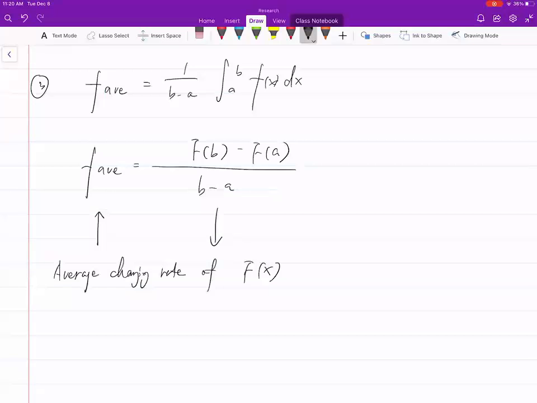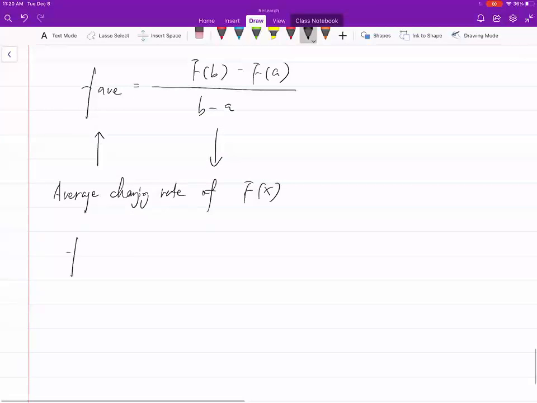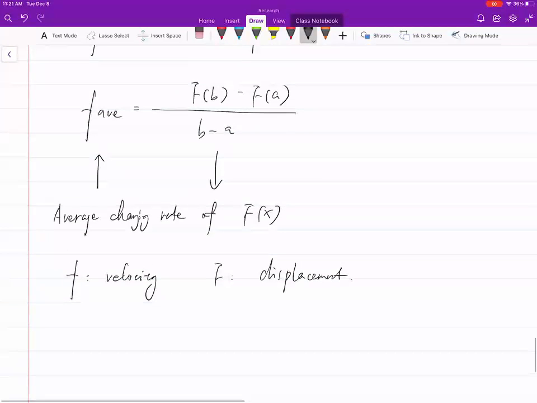Think about the case: if I take small f to be the velocity, what is capital F, the antiderivative? Displacement. So what does this formula tell you? It tells you the average speed equals the ending displacement minus the starting displacement, which is the total displacement, divided by the time interval.